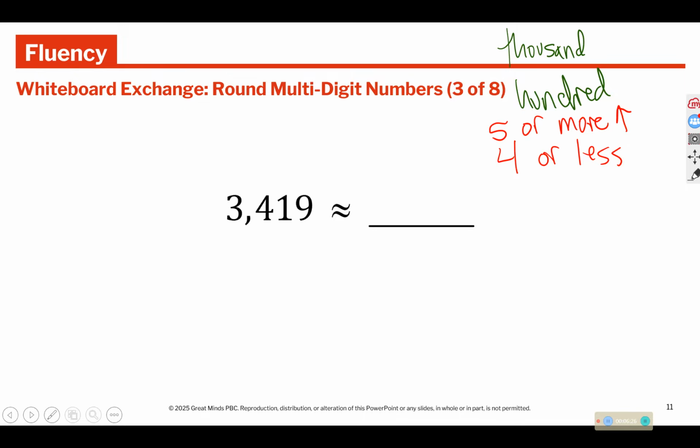Try this one. Start by rounding to the thousands place. To round to the thousands, you have to look at the hundreds. That is 4 or less, so it stays. The 3 gets to rest, and we put zeros in those place values.